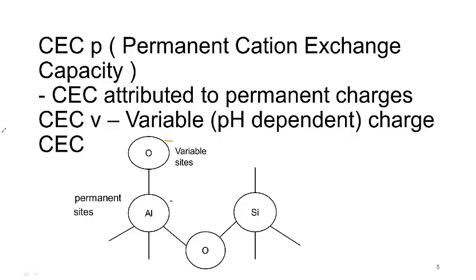If the medium is acidic, like pH 3 or 2, this atom can bond with H. That means it becomes OH, right?